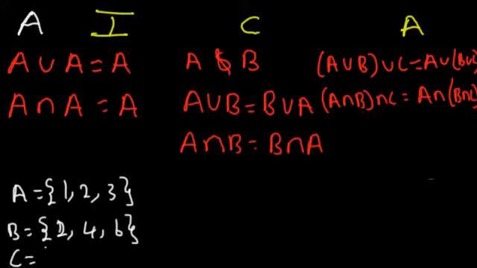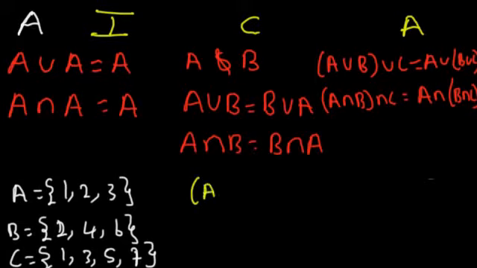Then C is a set and it consists of elements 1, 3, 5, 7. Okay, now what will be the value of A union B union C? We need to find the value of A union B first. Now A union B is simply equal to what?